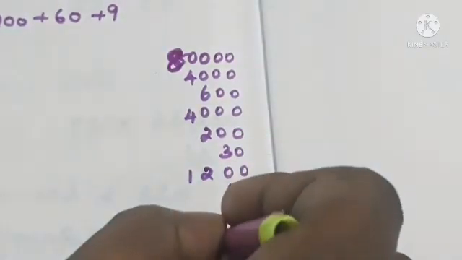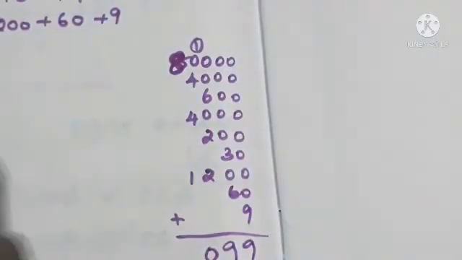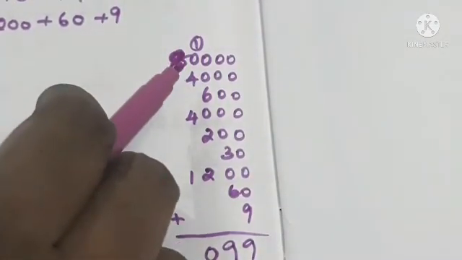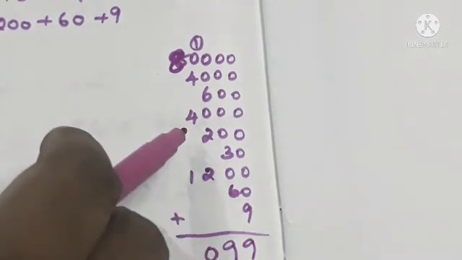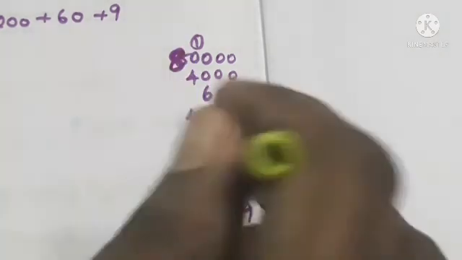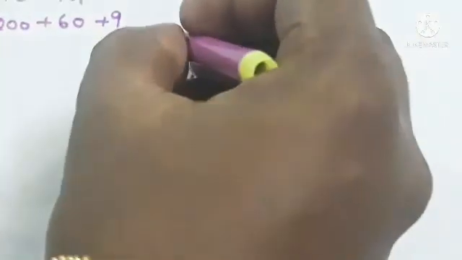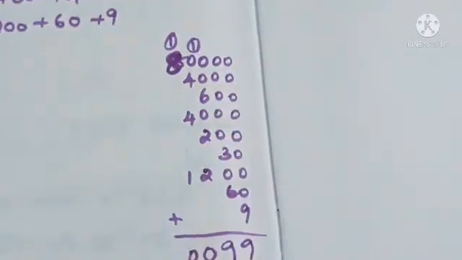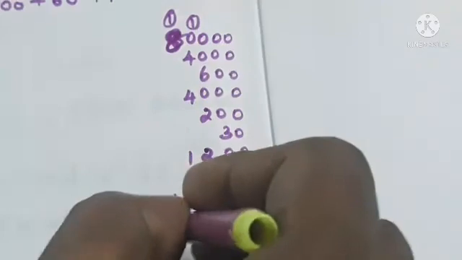So 10, we write the 0 here and 1 balance in the 1000 place. So 1 plus 0 is 1, 1 plus 4 is 5, 5 plus 4 is 9, 9 plus 1 is 10. So 10 means we write the 0 and 1 balance in the 10,000 place. So 1 plus 8 is 9.